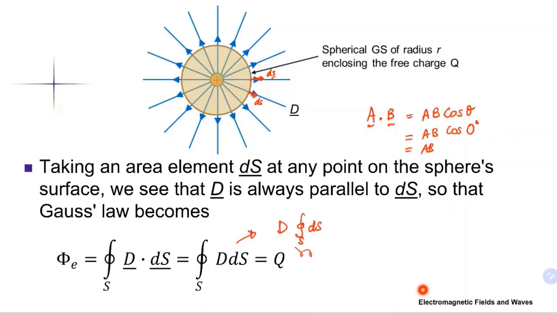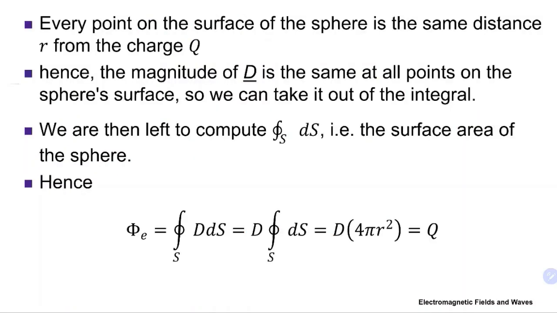And this integral here is simply equal to the surface area of the sphere. And this equals Q. So every point on the surface of the sphere is the same distance r from the charge. Hence the magnitude of D is the same at all points on the sphere surface, so we can take it out of the integral.